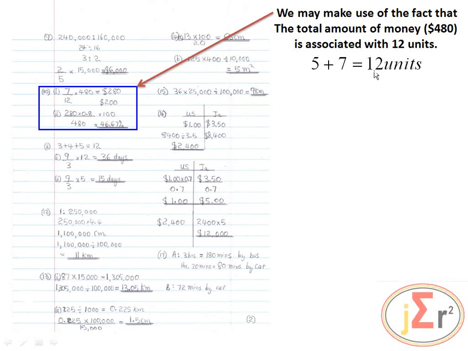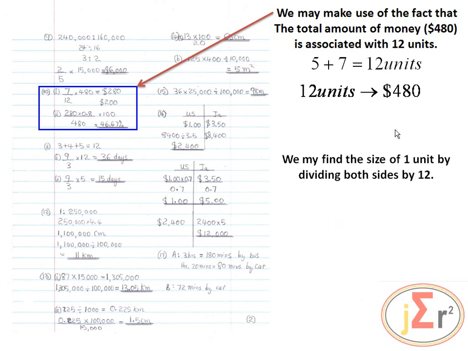And these 12 units are equivalent to the total, because this 5 plus 7 represents the total amount of money. So these 12 units are representing the total amount. And what is the total amount? We have it there as $480.